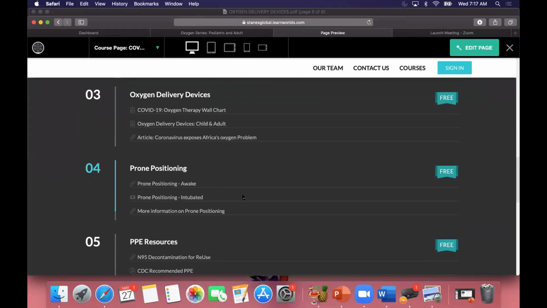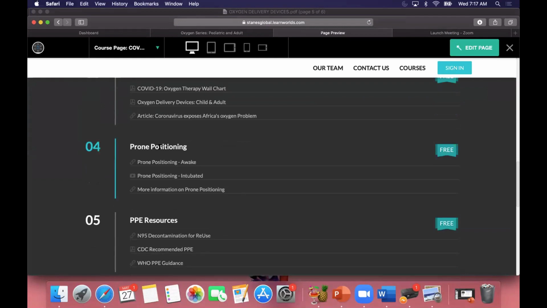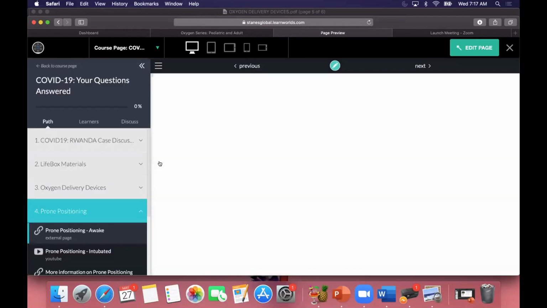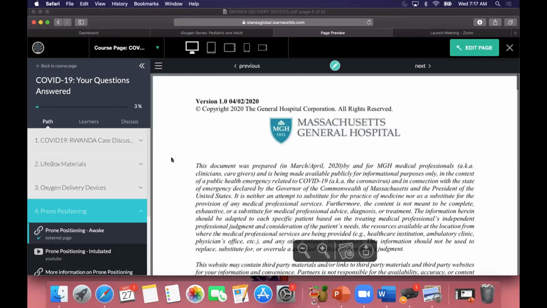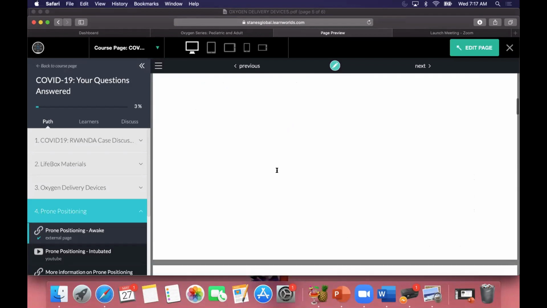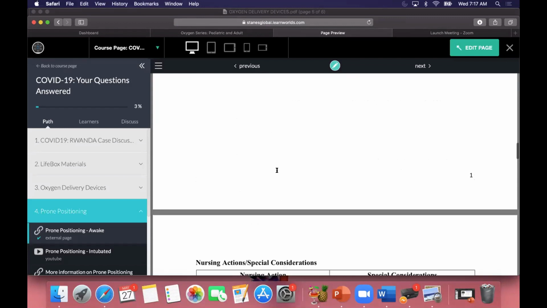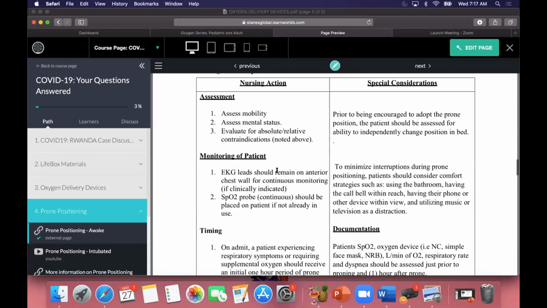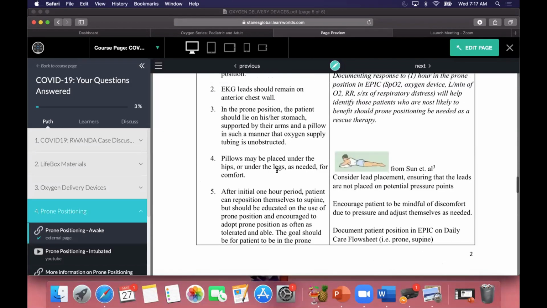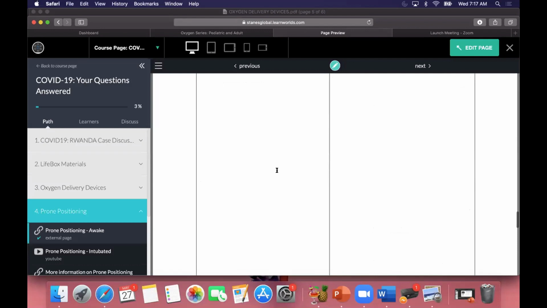And those alveolar units are not going to accept oxygen into the blood as well as they normally do. So proning was first designed for acute respiratory distress syndrome to improve oxygenation.